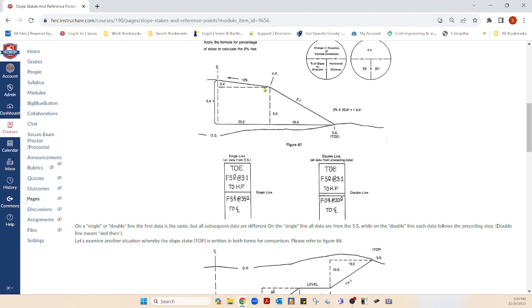So now that we are here, which is a fill of 0.4 from the hinge point, 20 feet out here, we have to get this 2% in here. So 2% over 20 feet is going to be, let me calculate that.